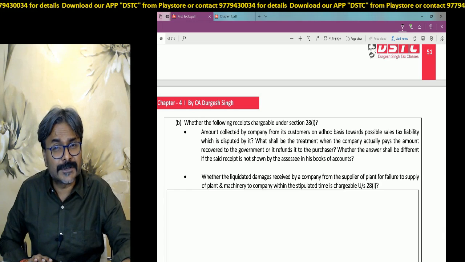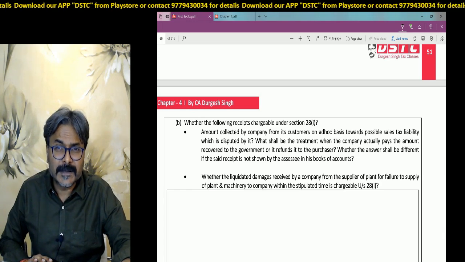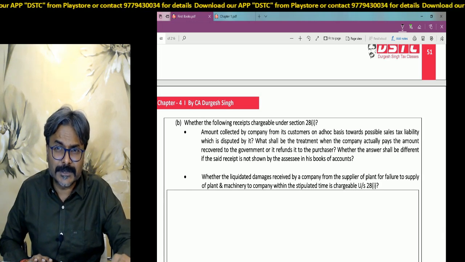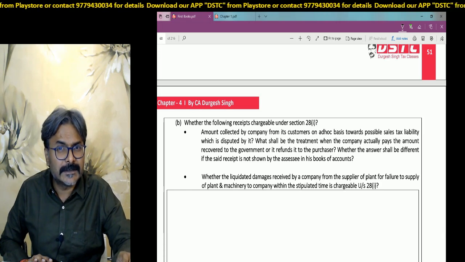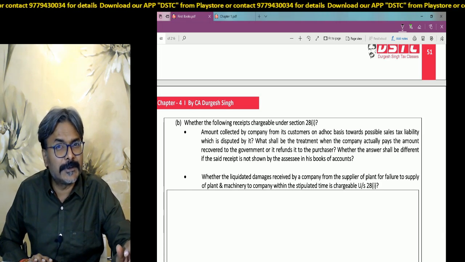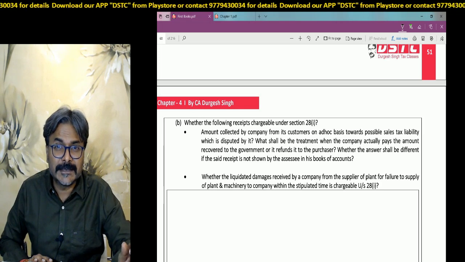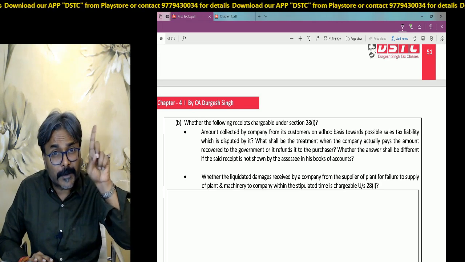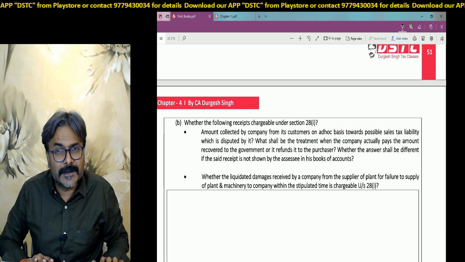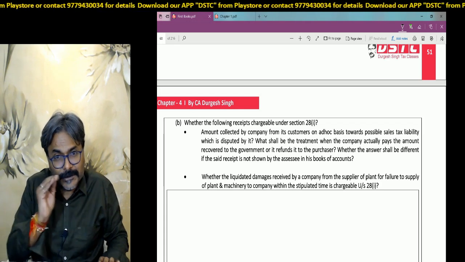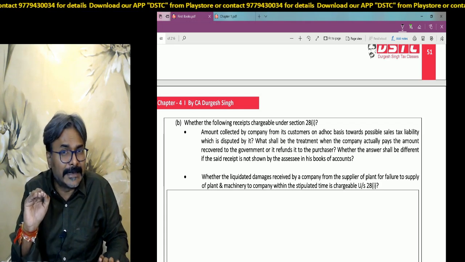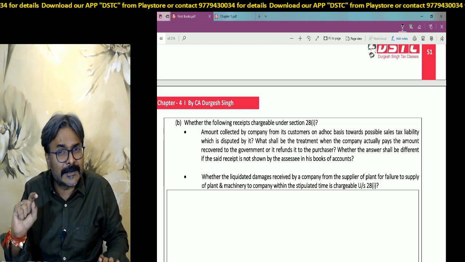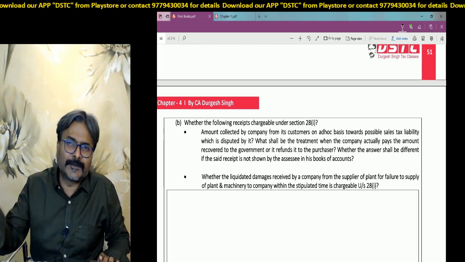To that discussion, students, we said that chargeability will not be attracted. The reason was that it is a capital receipt, therefore it is not attracted. So we are talking about point number 1, revenue receipt and capital receipt. Here the question about capital receipt came. Therefore, we were discussing that since it is a capital receipt, it is not taxable.